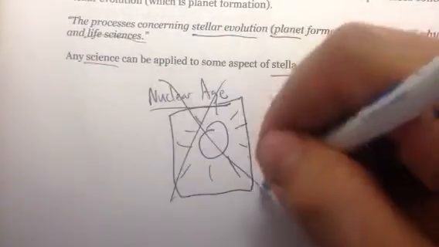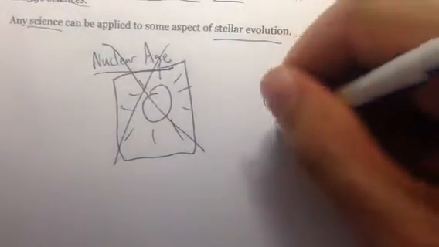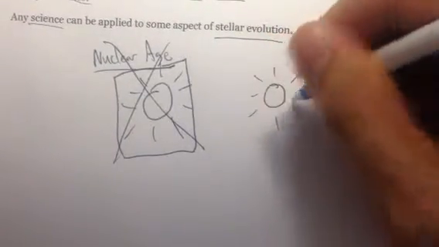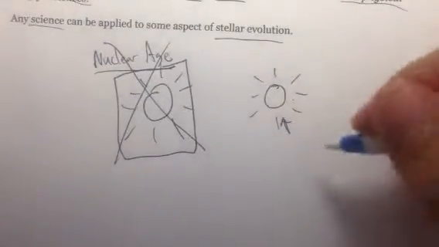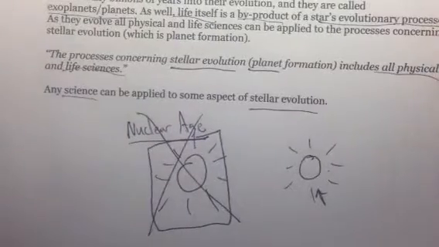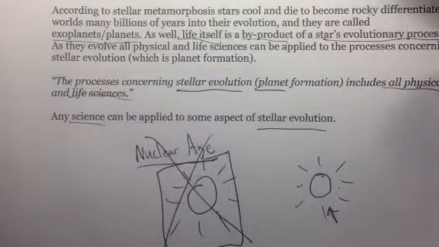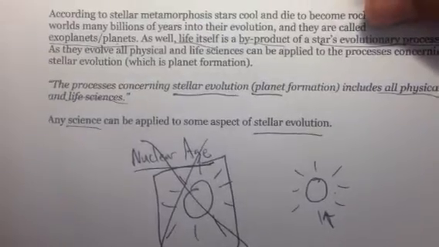This is incorrect. What should have happened is they should have looked at a star and realized that a lot of different processes actually apply to it, but that wasn't afforded to them because they had no theory to work off of. I don't know if it's Einstein that said this, and of course I'm probably going to misquote it, but what you can see is determined on what theory you use.